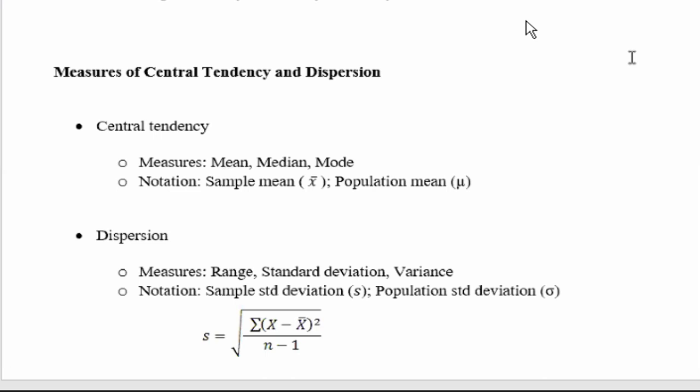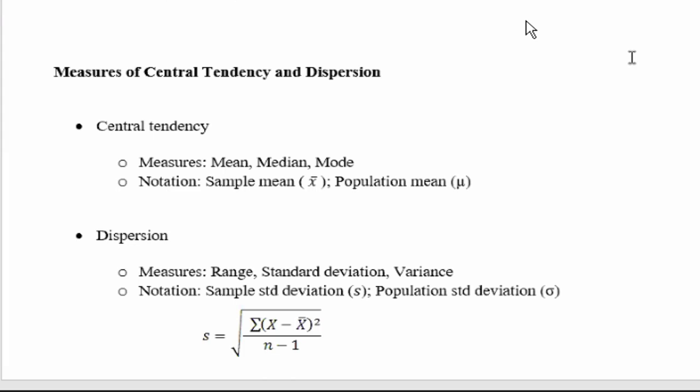Dispersion is another commonly used statistic in analysis, which is measured in the form of range, standard deviation, and variance.